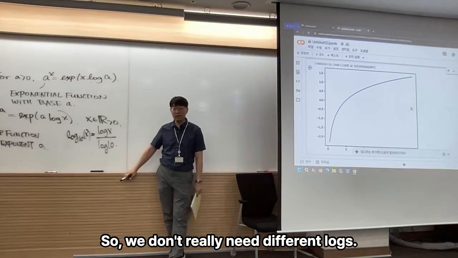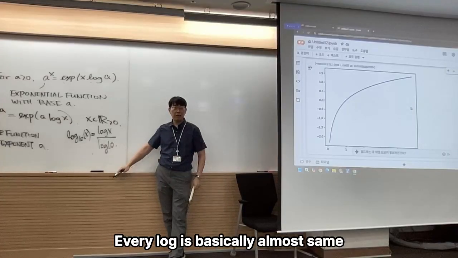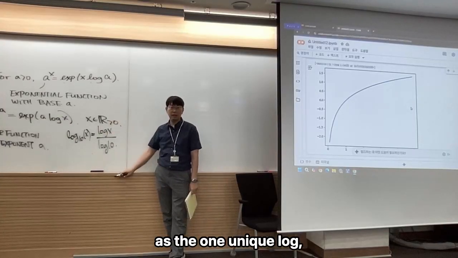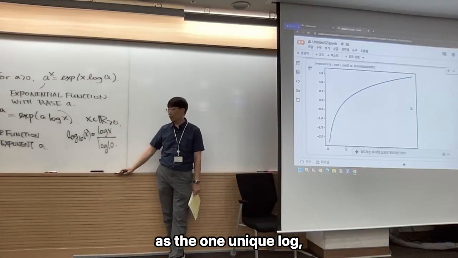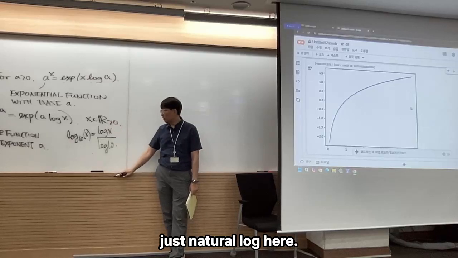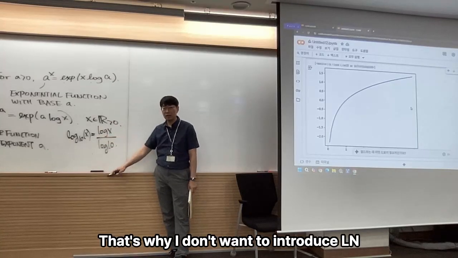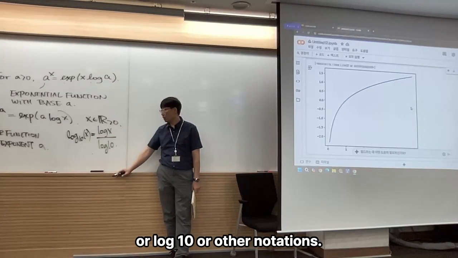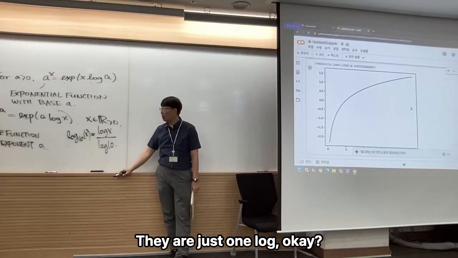So we don't really need different logs. Every log is basically almost the same as the one unique log, just the natural log here. That's why I don't want to introduce ln or log 10 or other notations. They are just one log.